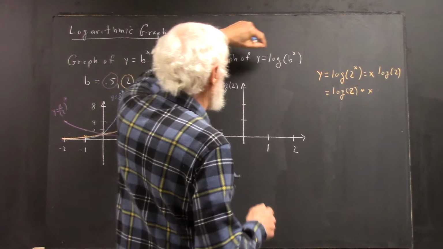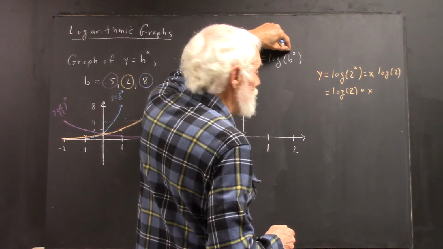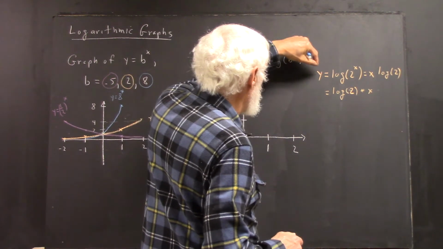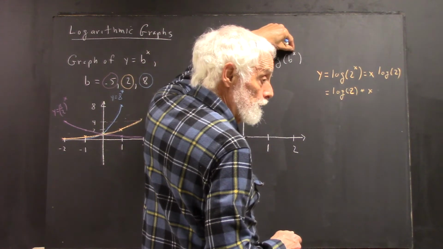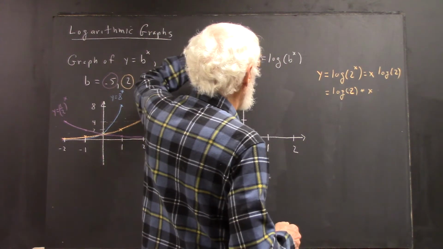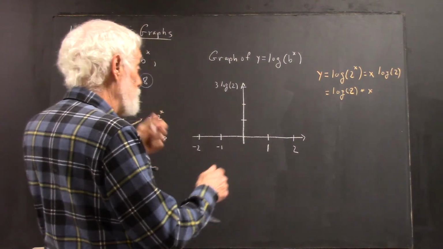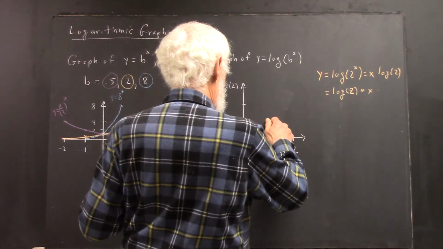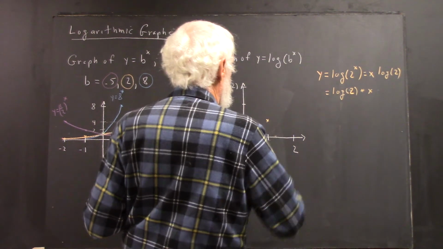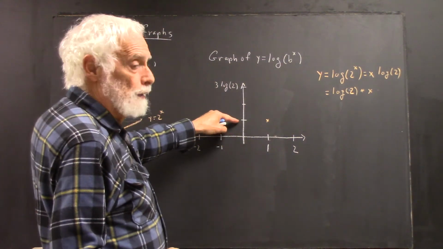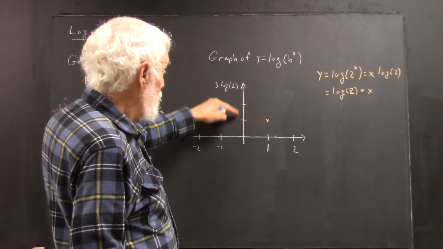So, again, if x is 1, and we're looking at the graph of log of 2 to the x, then y is going to be just the log of 2 to the 1, log of 2. So when x is 1, y is log of 2. I haven't labeled this.